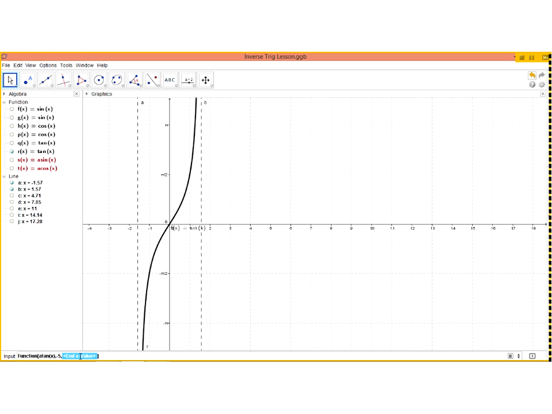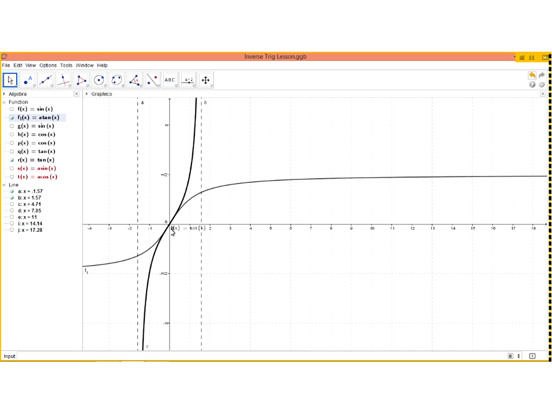Okay, let's go minus 5 to 20. All right, and this isn't centered, so it looks kind of weird.